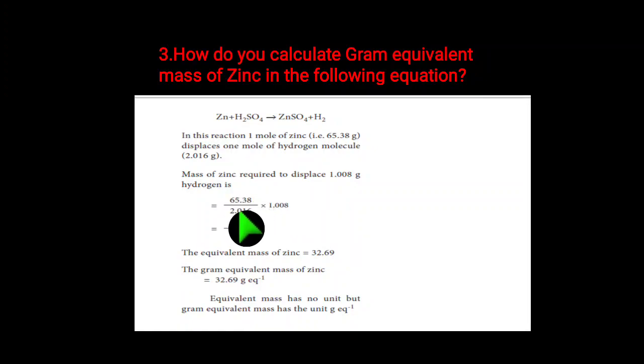The numerator and denominator we have written regarding the equation: the numerator is the metal atomic mass of zinc, the denominator is the atomic mass of the hydrogen displaced. Multiply with 1.008 gram of hydrogen. Then only we can find the equivalent mass of zinc.